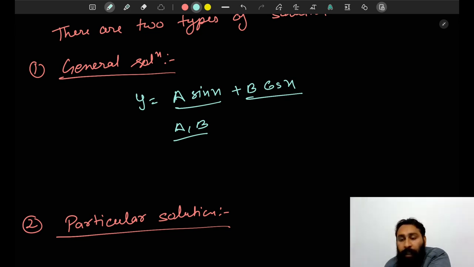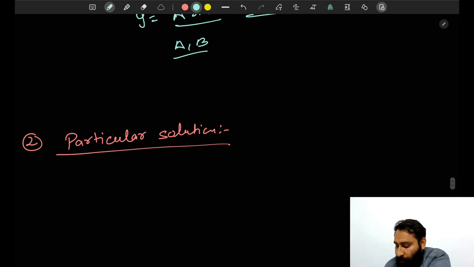If any solution contains arbitrary constants, then we say it is a general solution. If we put particular values of the arbitrary constants, then we say it is a particular solution. How to get the value of arbitrary constants? The condition is given in the question. We put the condition in the question and we get the values of the arbitrary constants.